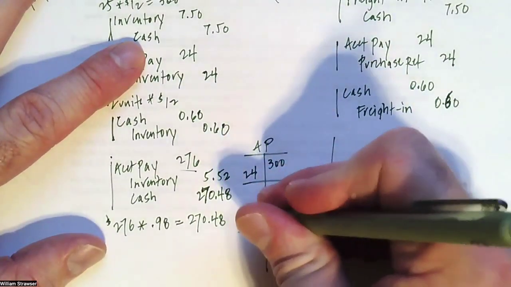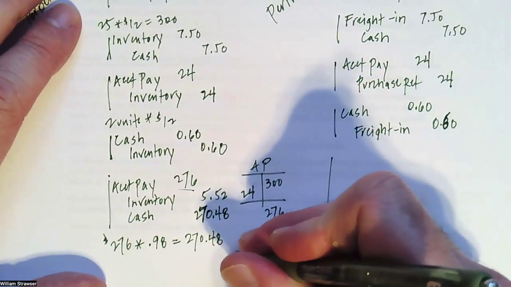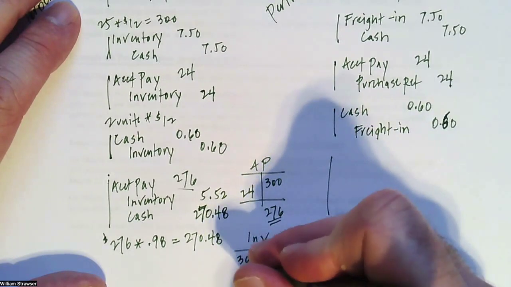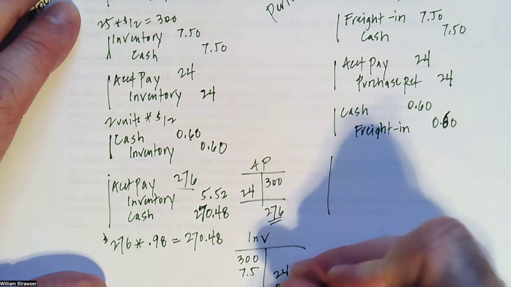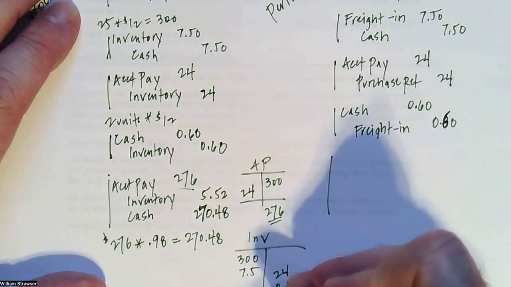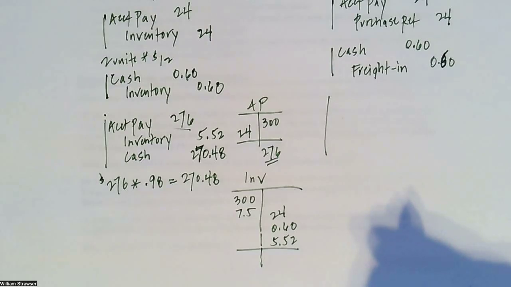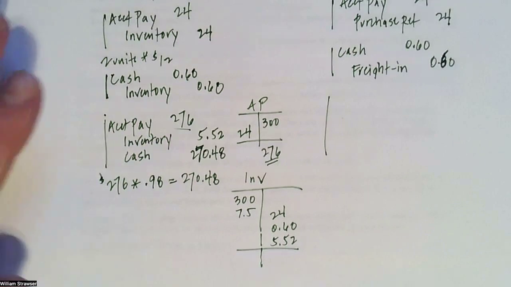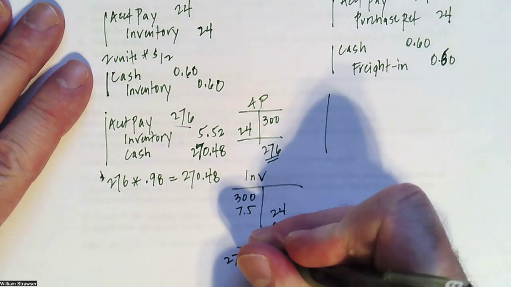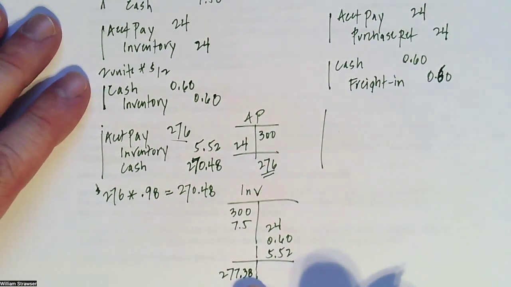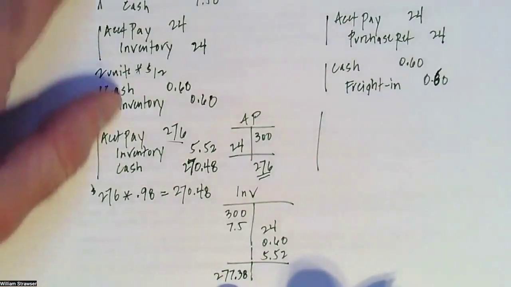If I look at just this purchase in isolation and record all my debits and credits, 300, 6.90, 24, 60 cents, and then 5.52, and balance that out, what I should get is, let me do that quick math here, $277.38.